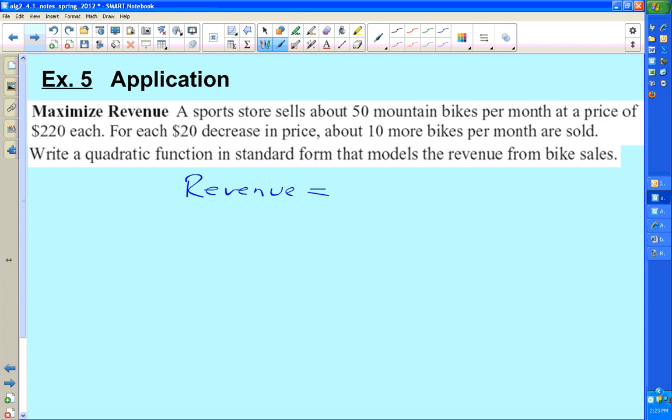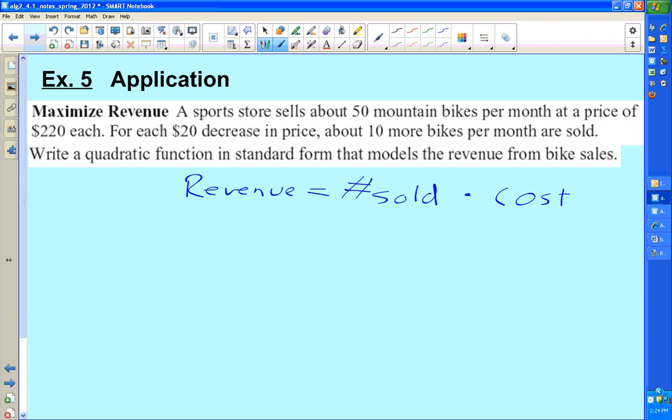What you sold times how much it costs. Number sold times cost. Simple as that.